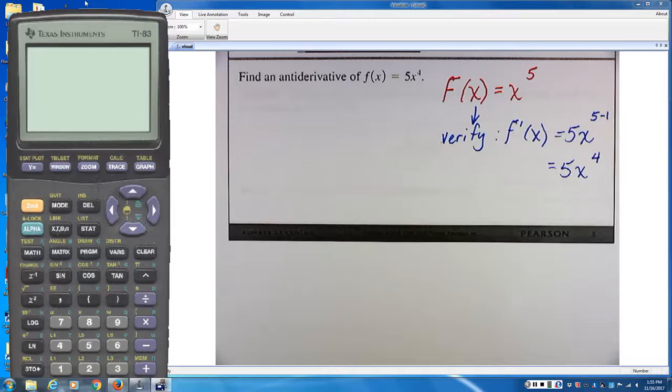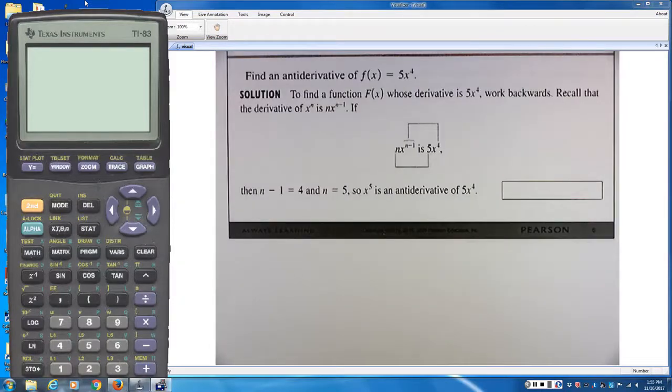Okay? So if it's a power function, it shouldn't be too hard. It's not too hard to reverse the process. So this is kind of the blueprint for how you do it.